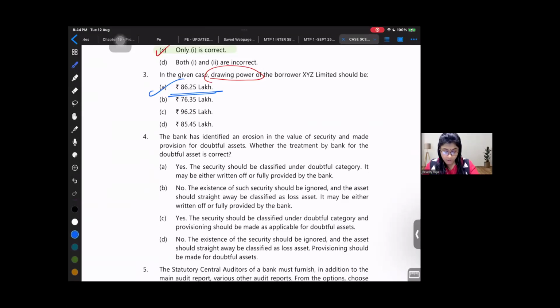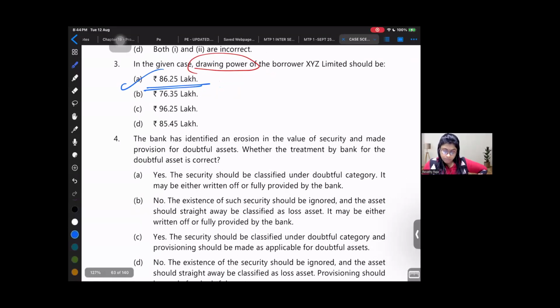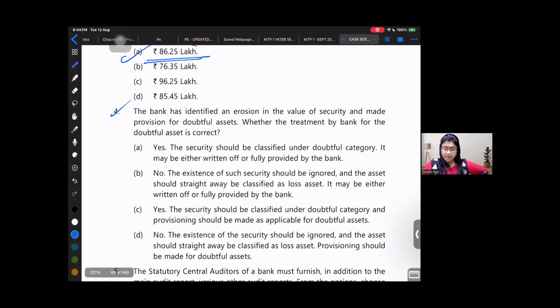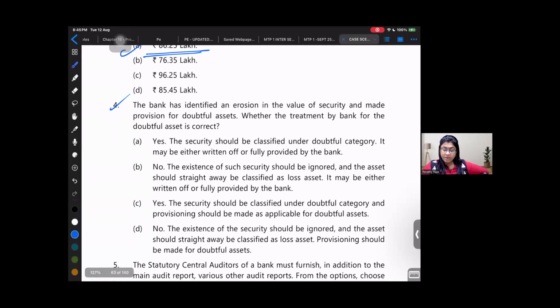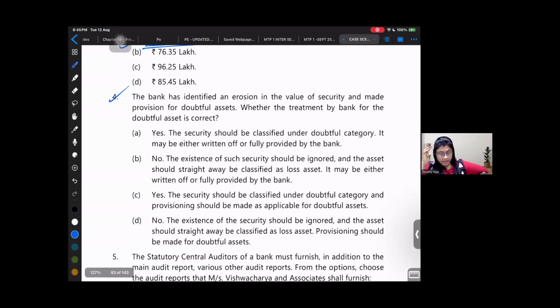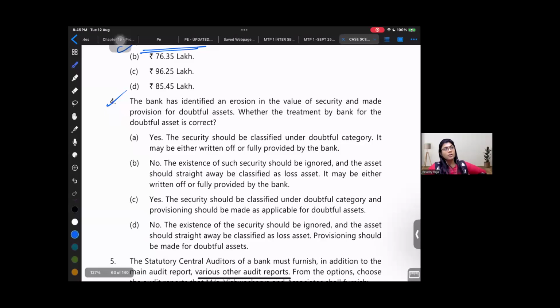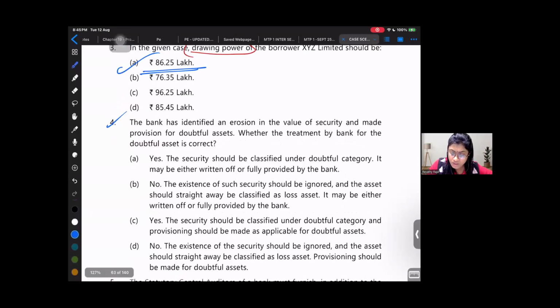Sure. Can we go to the fourth question? The bank has identified an erosion in the value of security and made provision for doubtful debts. Whether the treatment of the bank for doubtful is correct. But you remember erosion? If someone wants the bank audit advances video, it is on my YouTube, just go through.